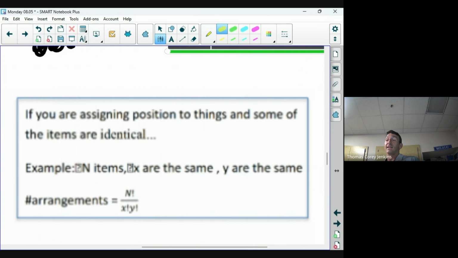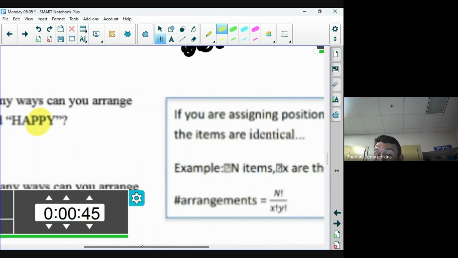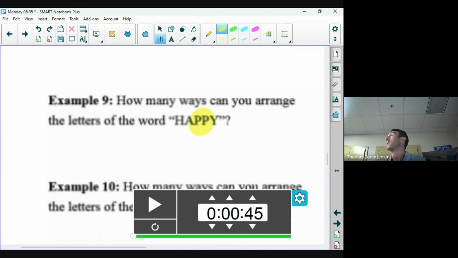It uses the word incidental here. So if you're assigning positions to things and some of the items are incidental, and then we have some formatting errors. So let's just know that there are repeats, and that's what's throwing us off. And here's how we throw out the repeated arrangements.